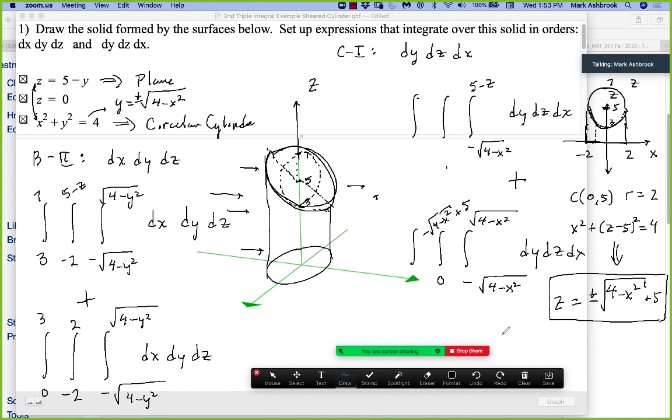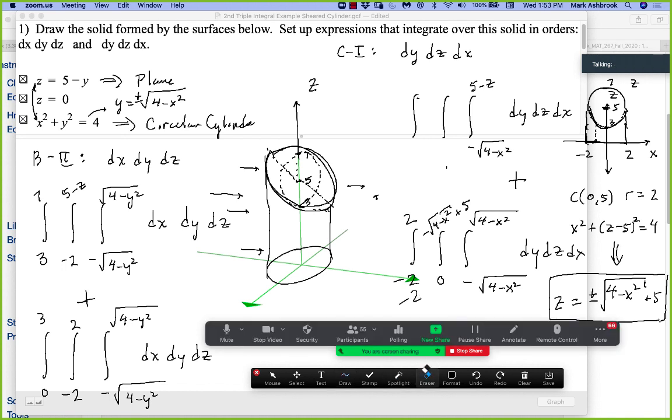And then that from what to what? From negative 2 to 2. That's when the right side is the circular cylinder, 4 minus x squared.